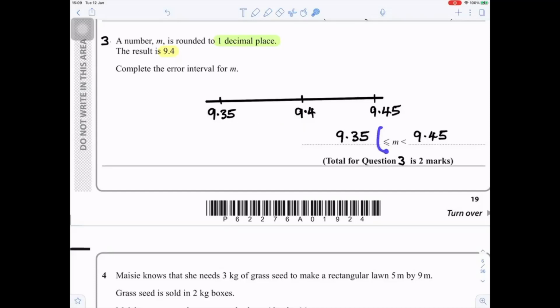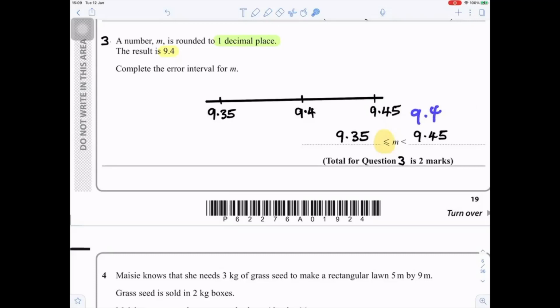And you notice the sign less than or equals to. That means it includes the 9.35. And then when you round it, it's less than 9.45, because 9.45 would round to 9.5. So it is a number which is below 9.45.